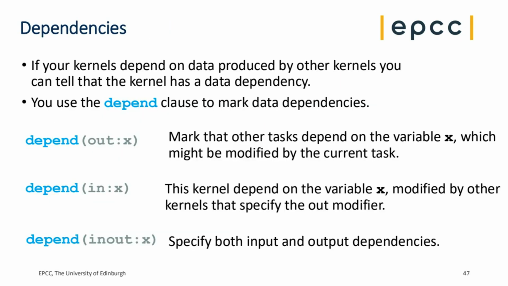Now we can specify dependencies in order to make sure that the pieces of work that we're offloading to the GPU happen in the right order. We have three types of dependencies. We have an out dependency.